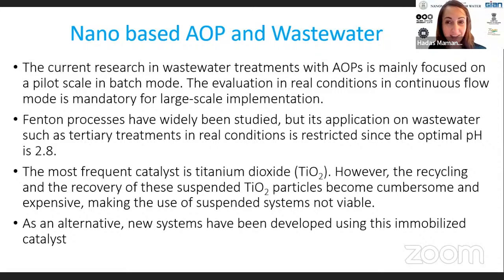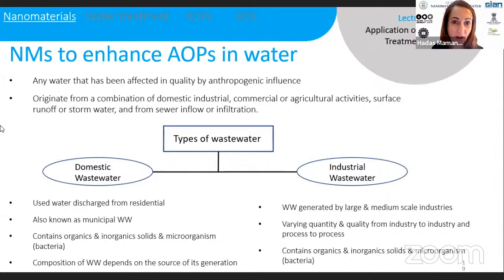And if not, then keep on trying again and again to find something that can actually benefit society and make an impact. Okay, so nanomaterials to enhance advanced oxidation processes in water. As I said before, AOPs are highly impacted by the quality of water, as many other technologies, by the way.